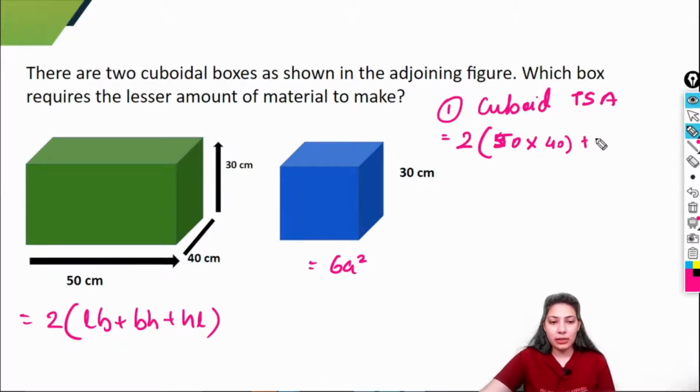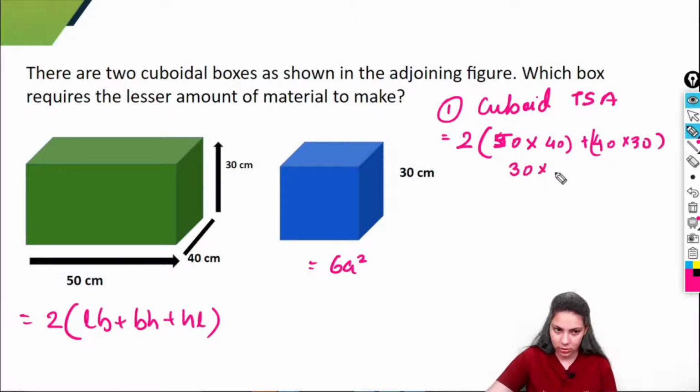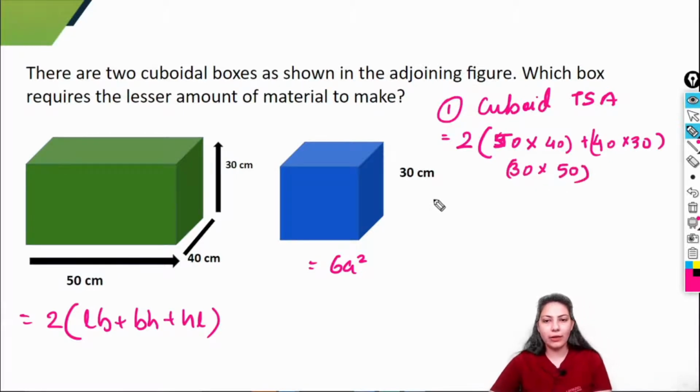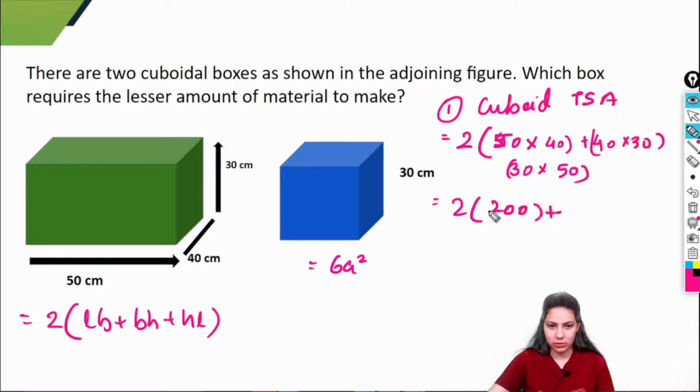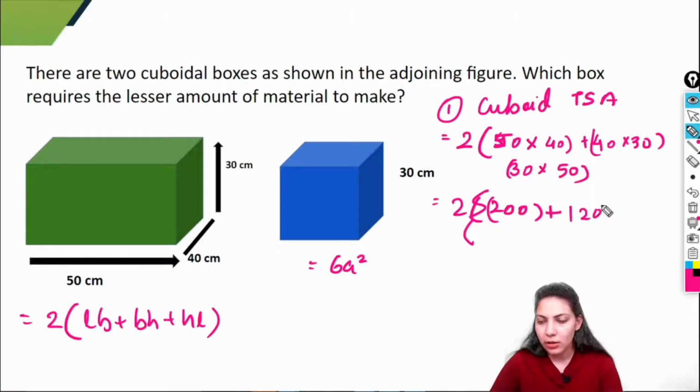Okay, plus breadth is again 40. No, sorry. Into height is 30, plus height into length. So we have to calculate over here 2 into 200 plus 1200. Yes, 1200.